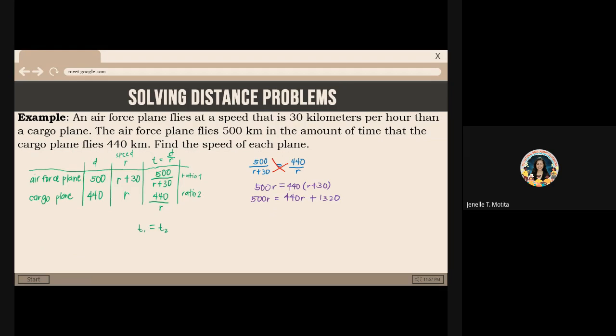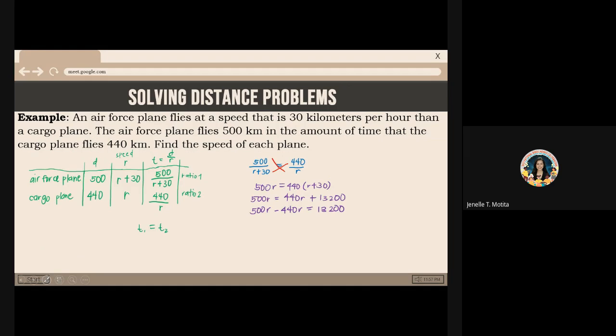After having this, let's now combine like terms. Did I miss a zero? Yes. So this is 13,200. After simplifying, we proceed with our next step, combining like terms. We will have 500R. Let's move 440R, so minus 440R is equal to 13,200.